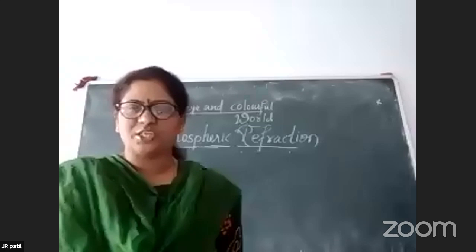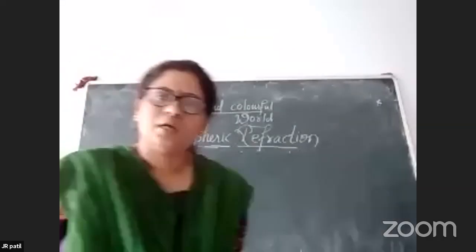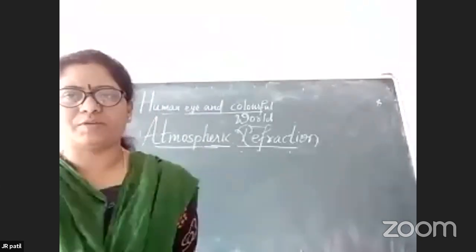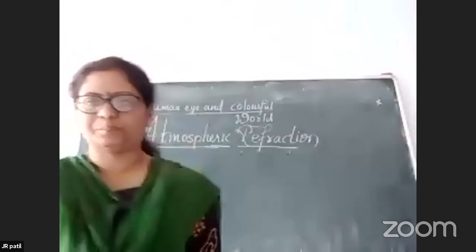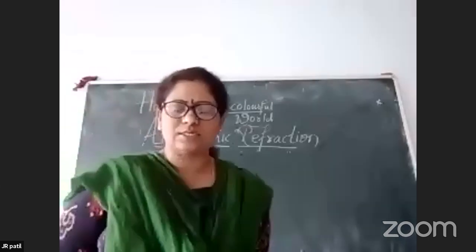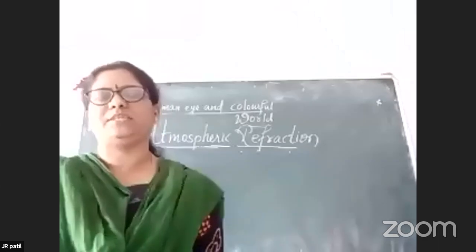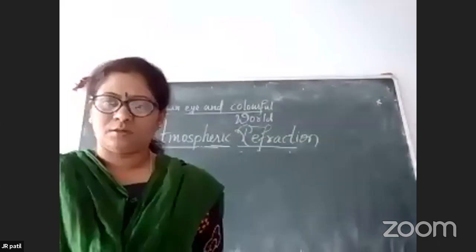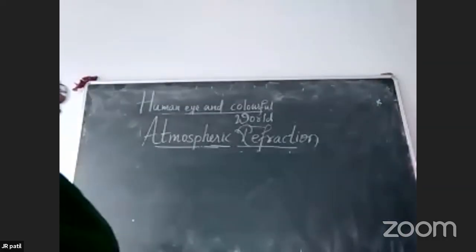The twinkling of stars is due to atmospheric refraction, because the apparent position of the star keeps on changing due to refraction. That is the reason why the stars twinkle. And you know about advanced sunrise and delayed sunset. That is also one of the effects of atmospheric refraction.